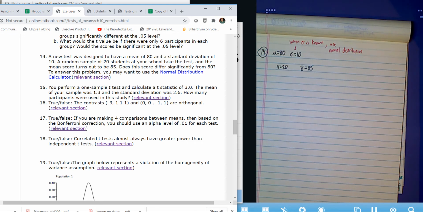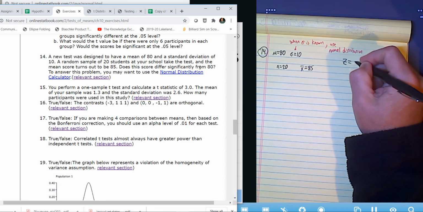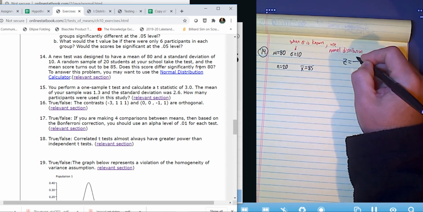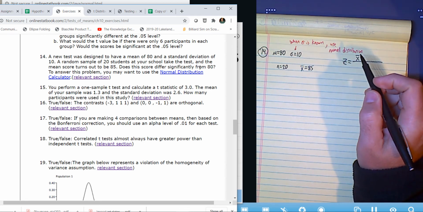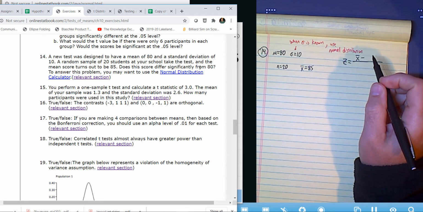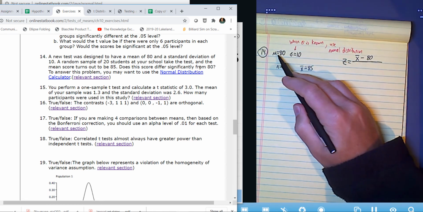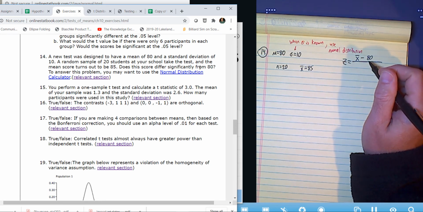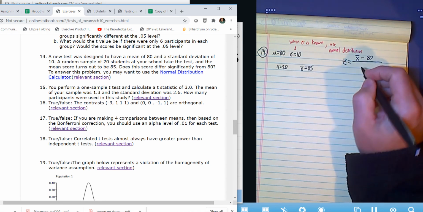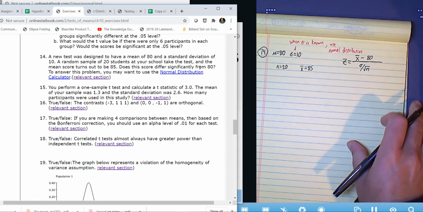But what I will write down is that z is equal to, and again, it's my statistic, which is x bar, minus, okay, the mean is 80. That's the hypothesized mean, right? Over the standard error. Now the standard error, remember, is sigma divided by the square root of n.